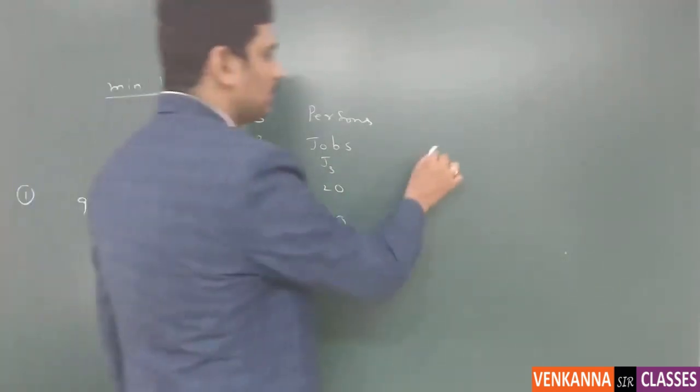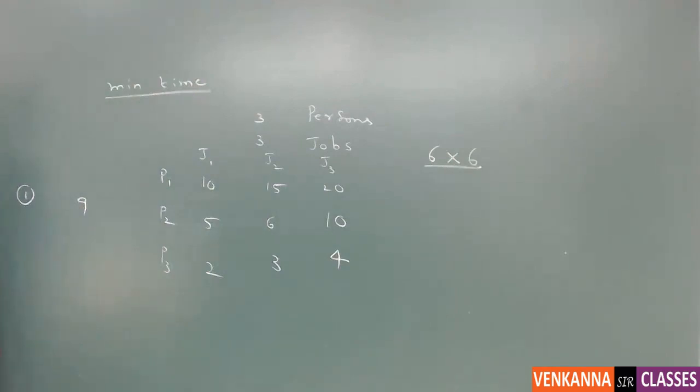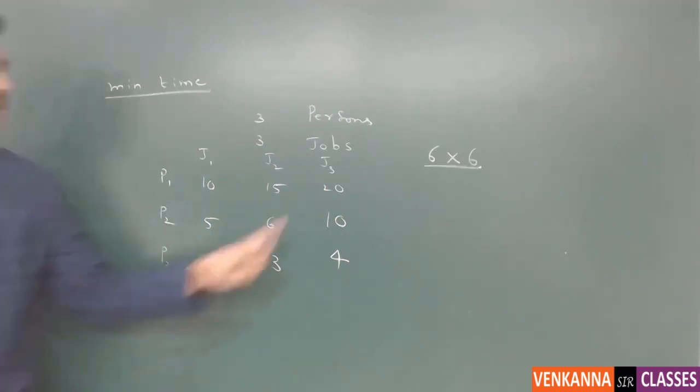If you talk of a 6 by 6 matrix, how many choices are you going to get? Not 36. You are going to have the factorial, because every time I am fixing one person and I can fix the others too. In the first case, I fix person 1 for job 1, person 2 for job 2, and I am searching for person 3 among the 3 jobs.